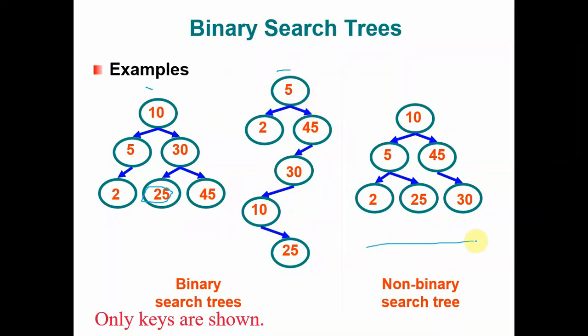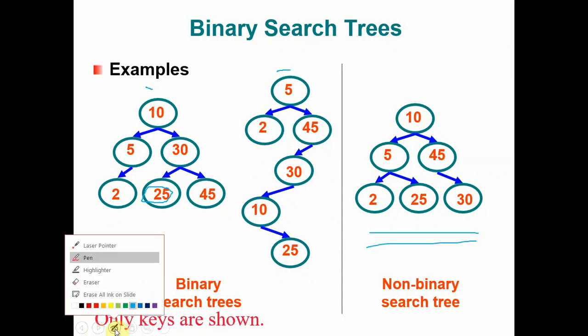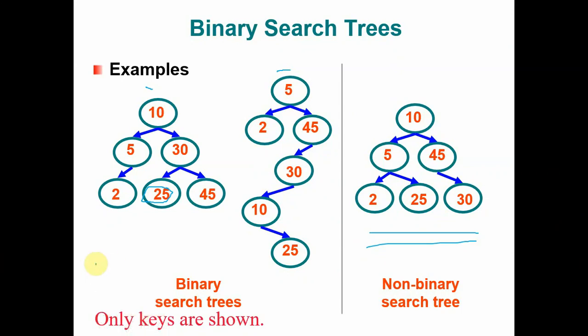However, for this one on the right, you can spot two things to show that it is not a binary search tree. Can you spot it? First, this 30 should be on the left of this 45, but it is on the right. Therefore, it is not obeying the binary search tree property.